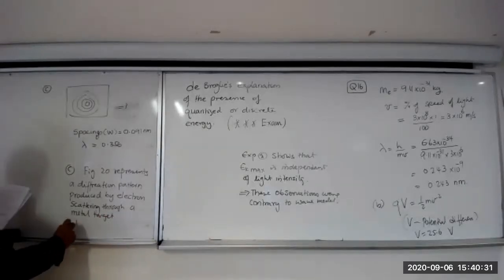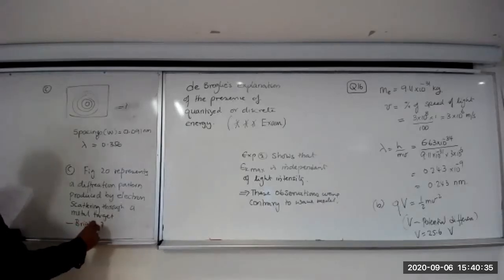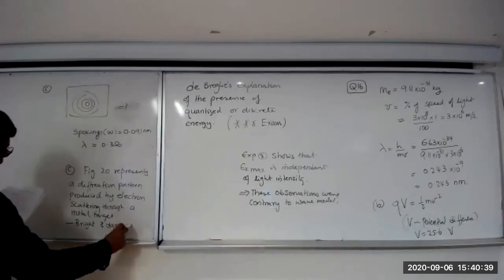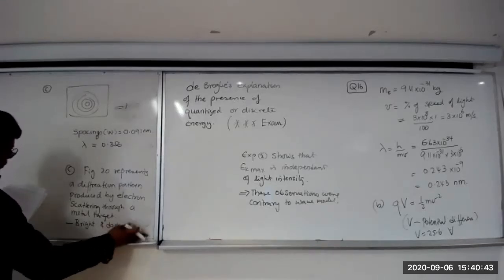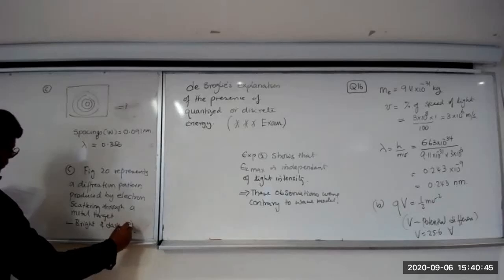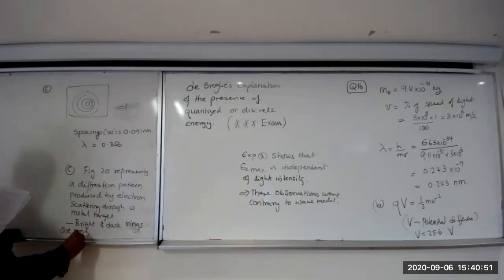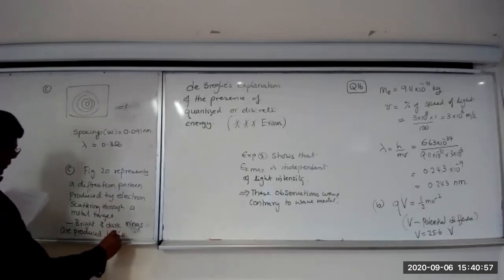So the bright and dark fringes, rings, produced by constructive and destructive interference.